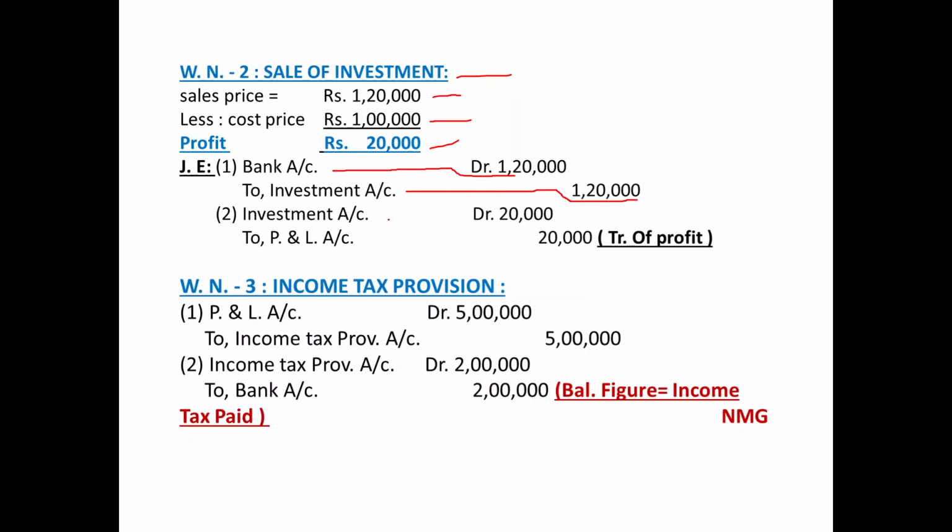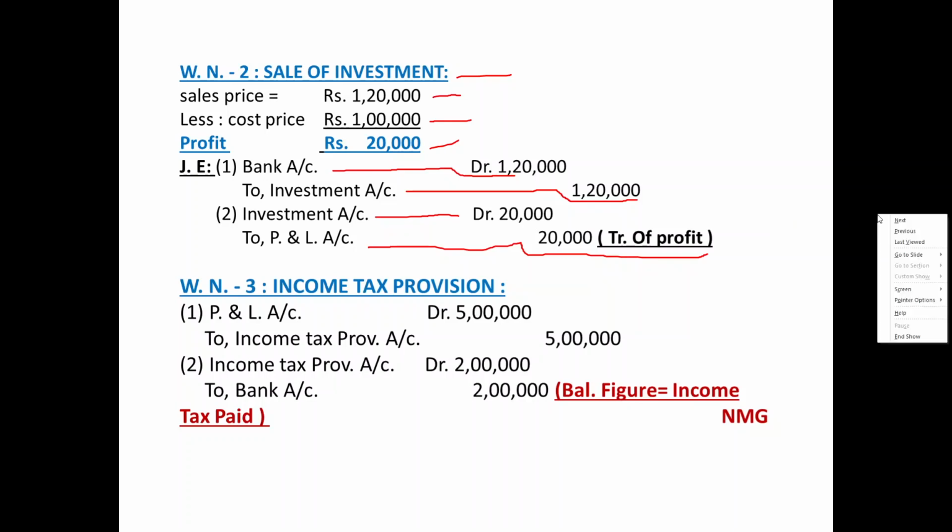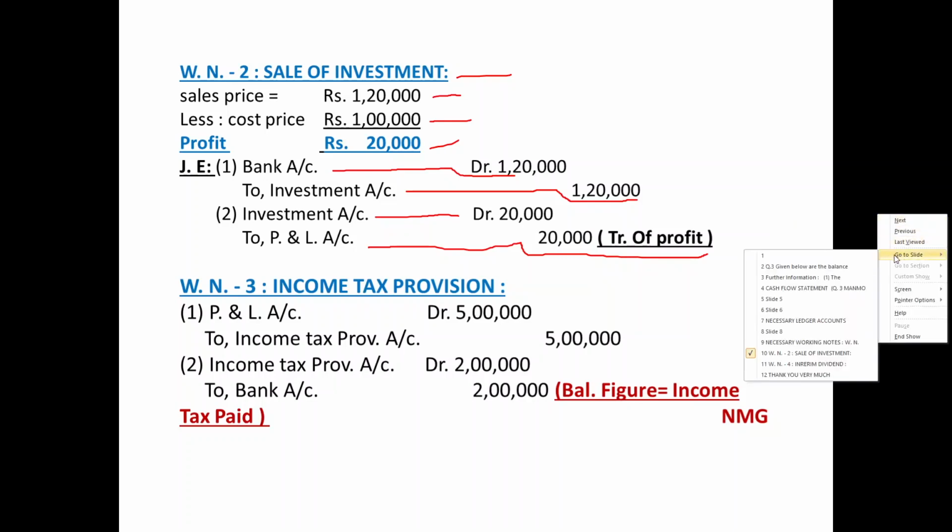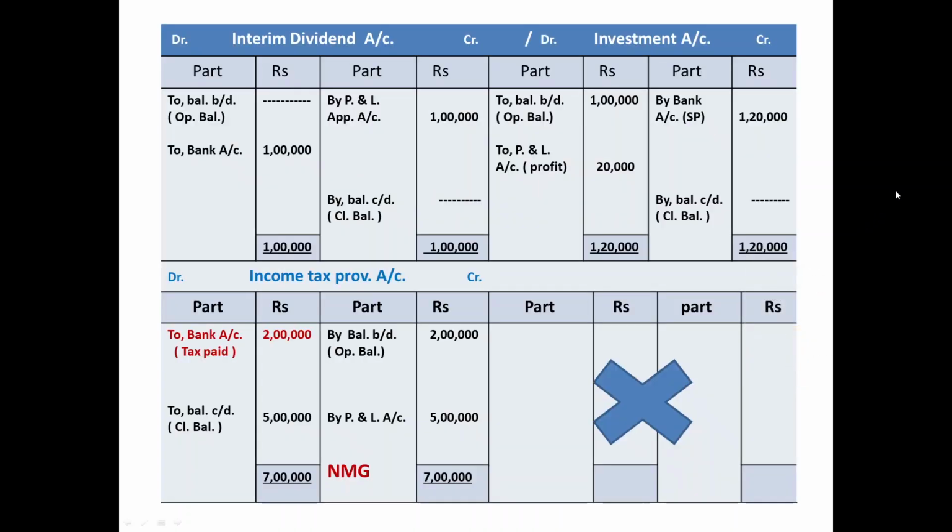So second journal entry for transfer of profit, investment account debited rupees 20,000 to profit and loss account credited rupees 20,000 for transfer of profit. Let us give the posting impact in the concerned ledger accounts. Investment account. This is the investment account.